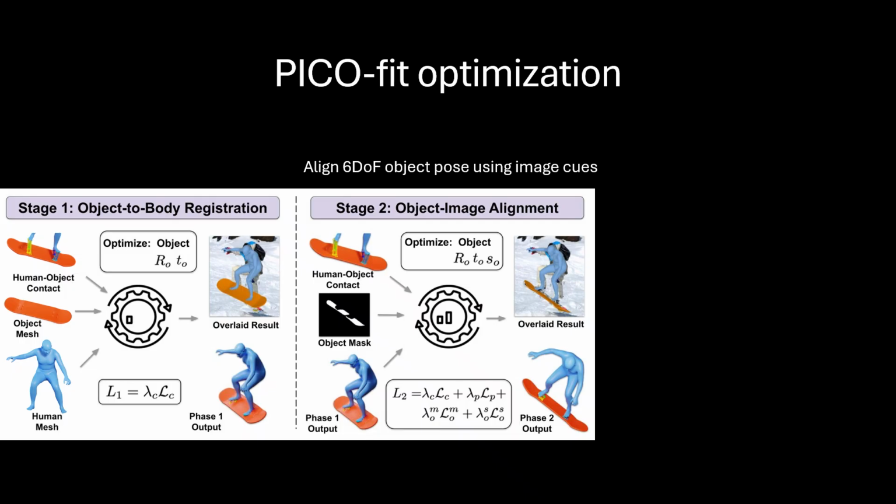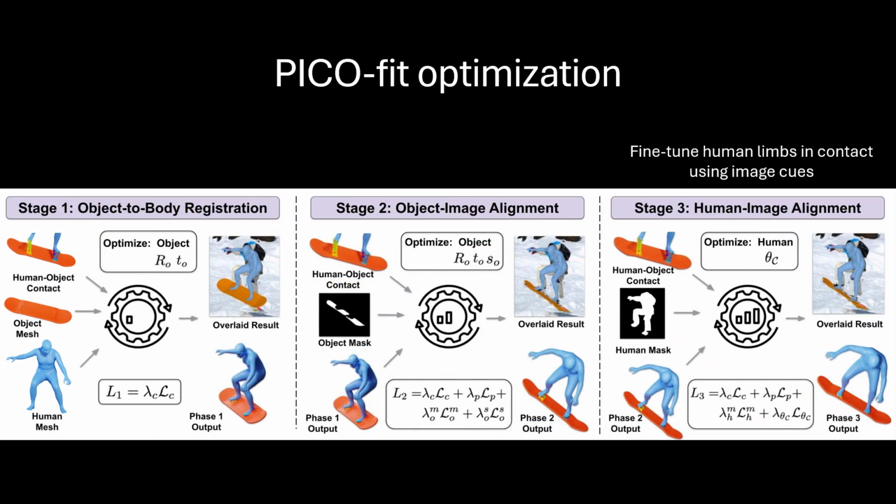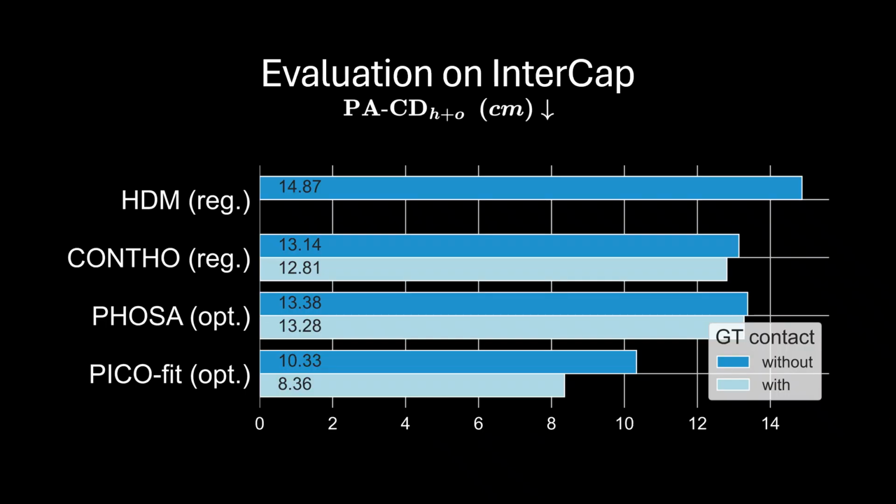Thus, in Stage 2, we align the object to the image, using a mixture of image-based and 3D losses. And then in Stage 3, we optimize human pose by fine-tuning the limbs of the human that are in contact with the object, considering the contact information, image alignment, and mesh interpenetration. We demonstrate our simple approach to be surprisingly effective.